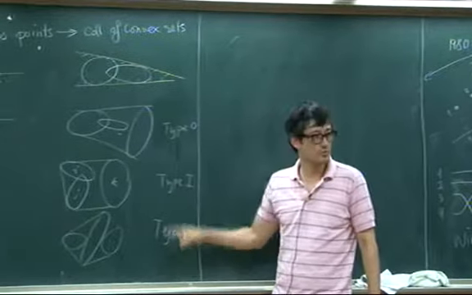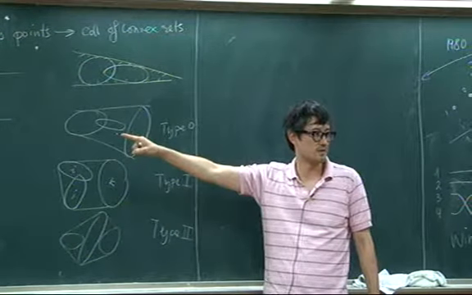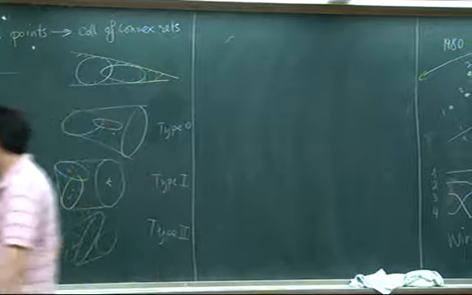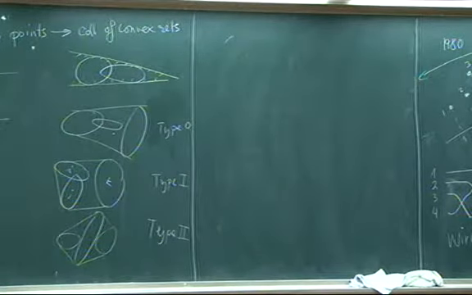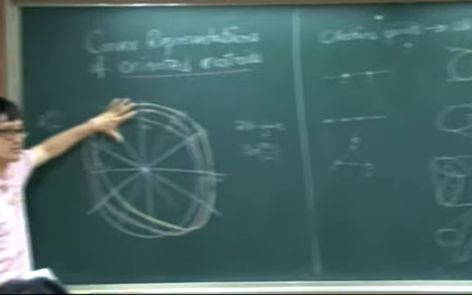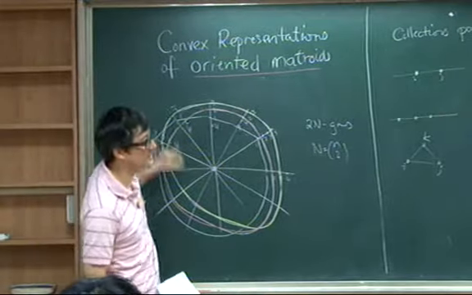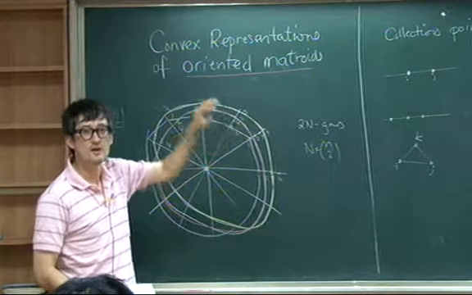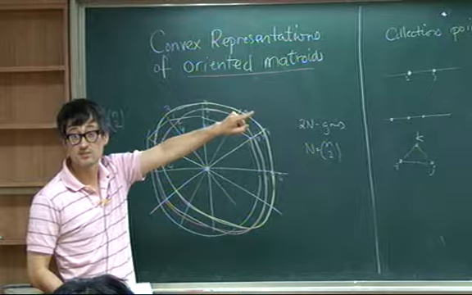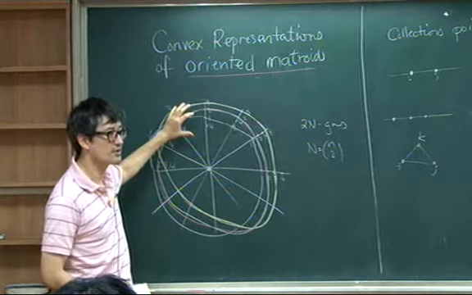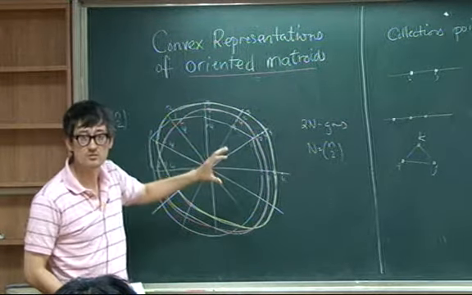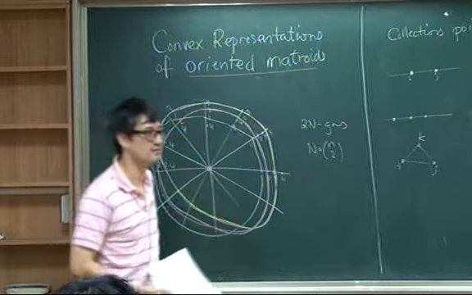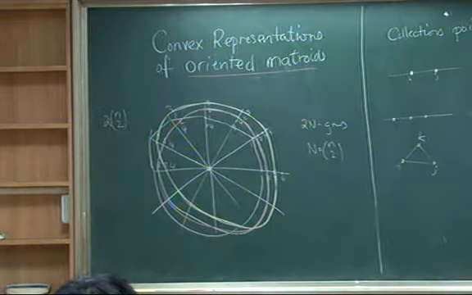I can include type 2 into these diagrams. So I can draw type 2, type 1, and type 0. All of this I can fit into the same type of circular diagram. I get a different kind of sequences, not exactly the allowable ones. And what I want is Stanley's formula for diagrams including type 0, type 1, and type 2. I want this enumerative formula. That would be nice.